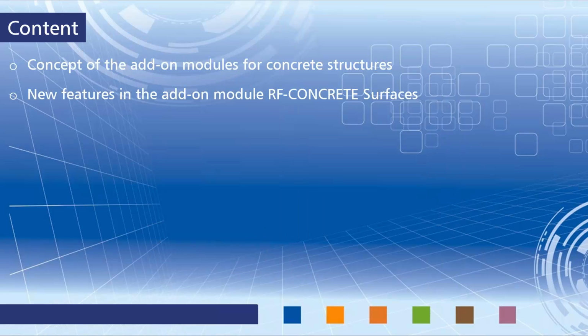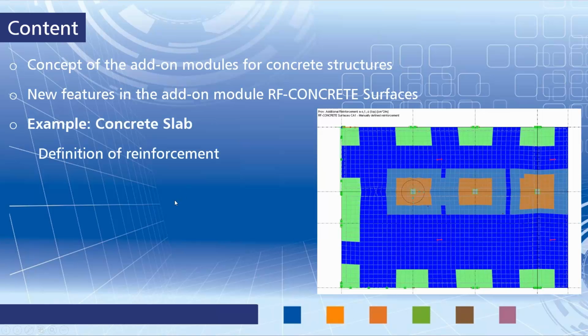We will first talk about the concept of the add-on module family for the design of concrete structures. I will then explain the new features in the add-on module RF concrete surfaces. We have improved it a lot in the recent version. And we then come to an example. The main part of the webinar is an example presented in RFEM using RF concrete surfaces and RF concrete deflect.